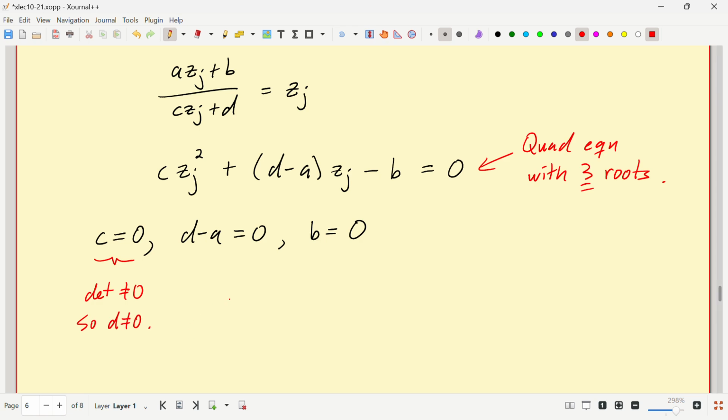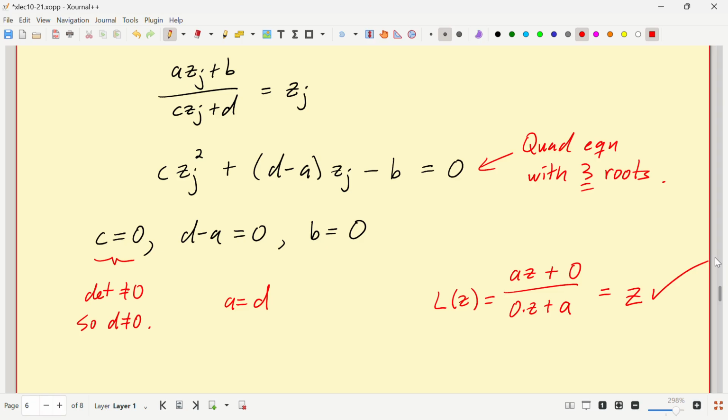Okay, and now we see that A is equal to D, and D is not equal to 0, and so my L of Z is AZ plus 0 over 0 times Z plus A. A is equal to D. That's Z. So sure enough, it has to be the identity.